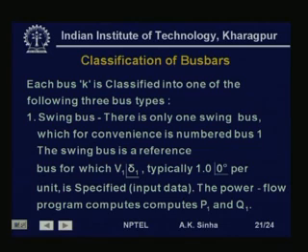So, we see that we have different kinds of bus bars in the system. One, as we have just seen, is the slack bus, that is a bus which can take care of the transmission losses. So, we can say that each bus k is classified into one of the following three bus types.